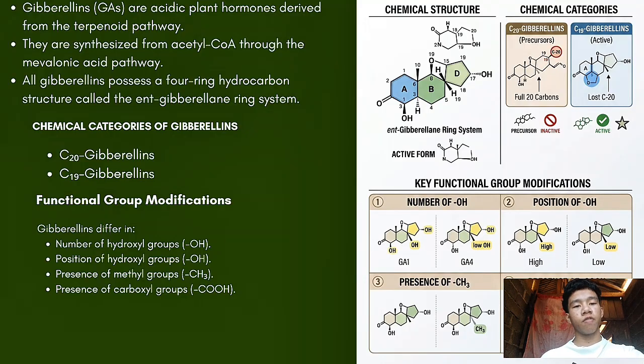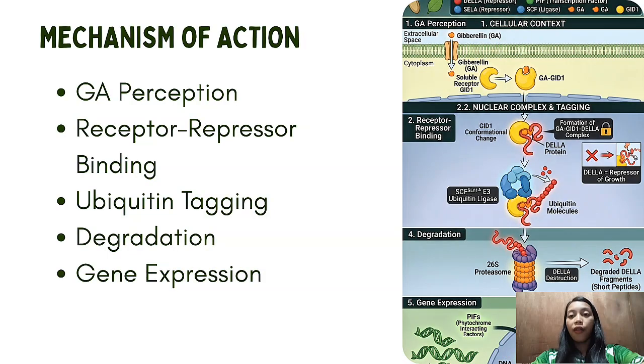For example, GA1 and GA4 differ in the number and location of hydroxyl groups, which influences their biological effectiveness. The presence or absence of methyl and carboxyl groups can also determine whether a gibberellin is active, inactive, or serves as a precursor.